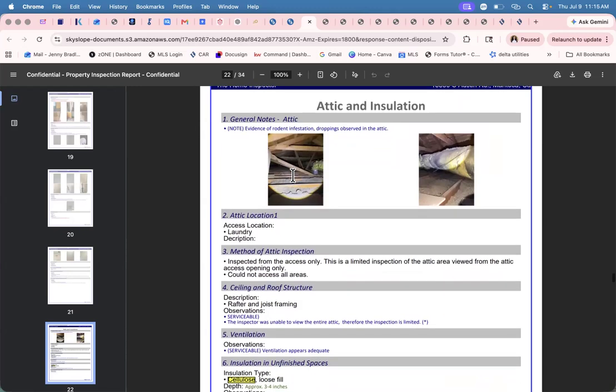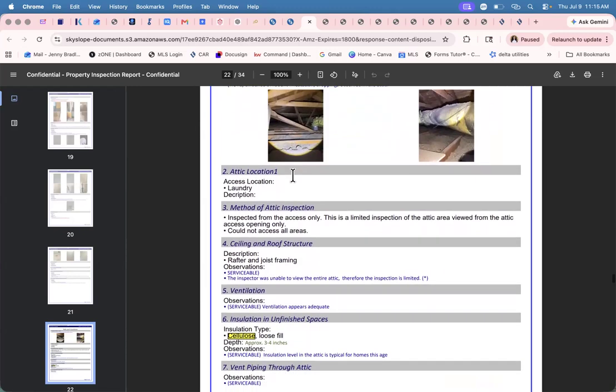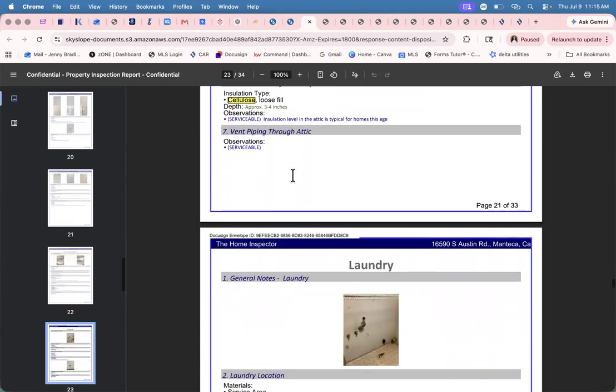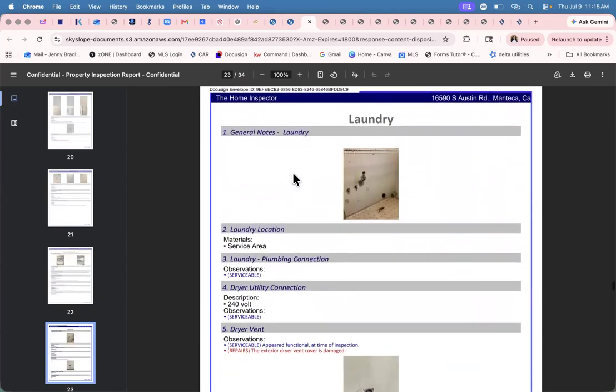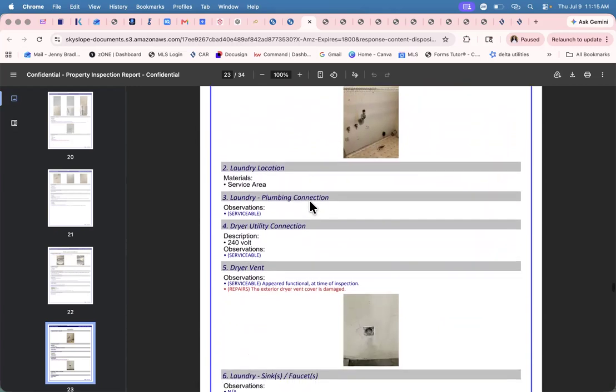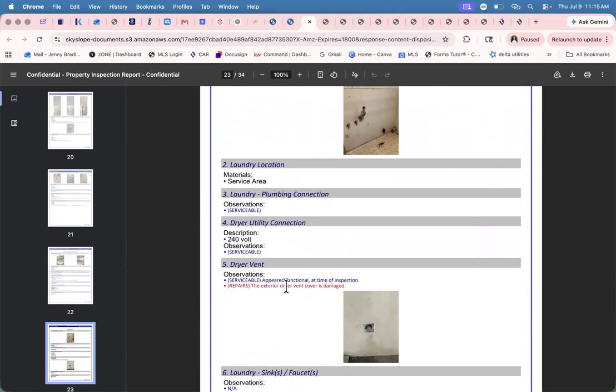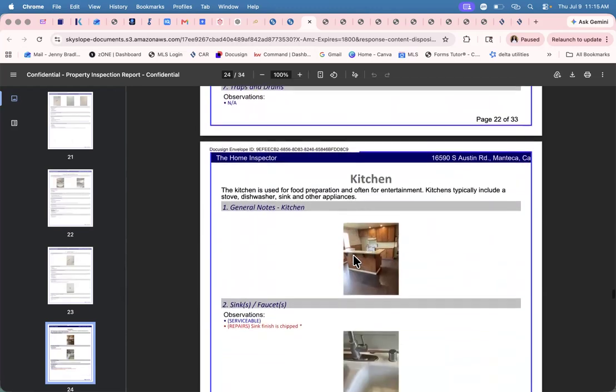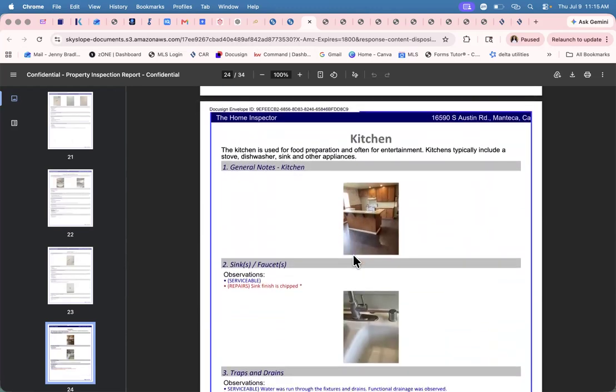All right, this is the attic and insulation. So they show you guys everything. All right, this is the laundry room. Let's see. Repairs: the exterior dryer vent cover is damaged. Okay. All right, this is the kitchen.